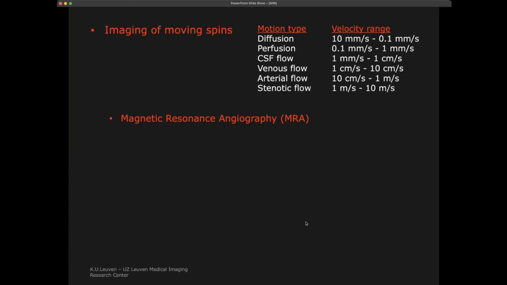Now, another thing which is important, as I told you when we started the classes: we want to look at morphology, the anatomy of the tissue, but at some point potentially also at function. We definitely also want to look at blood flow. So what is happening when we image, for example, vessels in which blood is flowing?